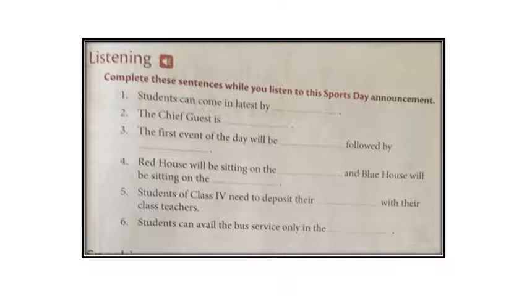Winners of the events that have already taken place need to meet the games captain at 2 p.m. today. Scorekeepers from class 12 tally the final score sheet and give the final scores to the games teacher by afternoon. Please bring light, dry snacks for tiffin and your water bottles. Students can avail of the bus service in the morning. There will be no bus service in the afternoon after the event.